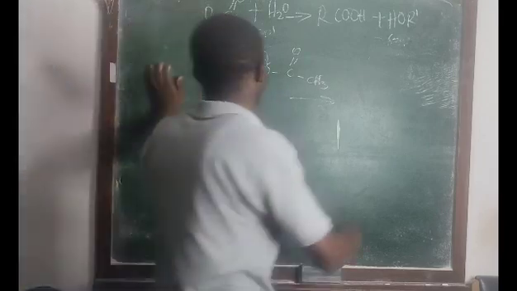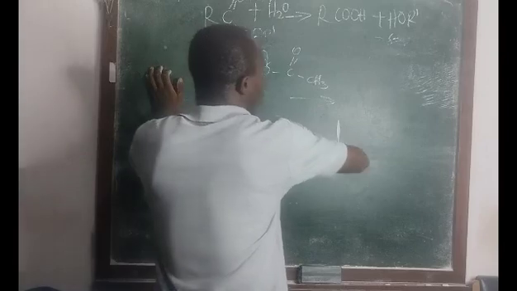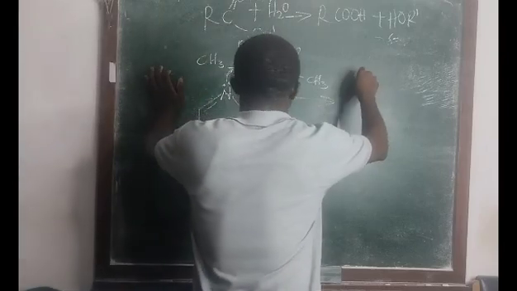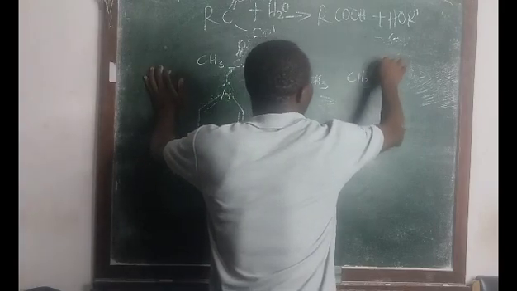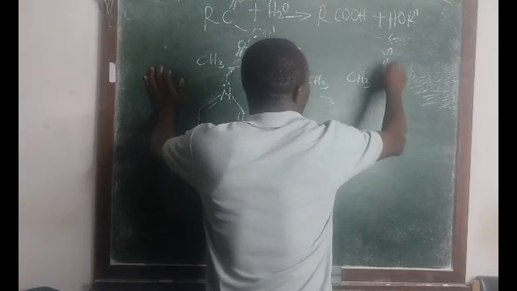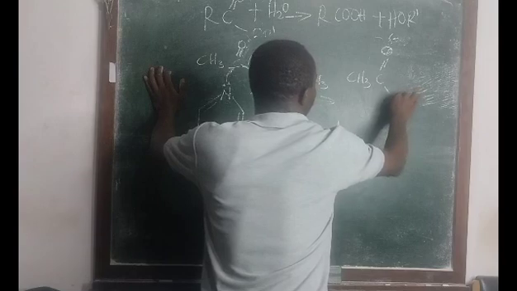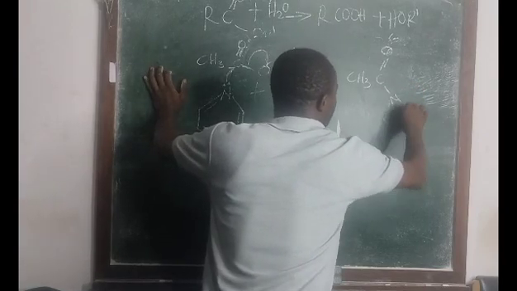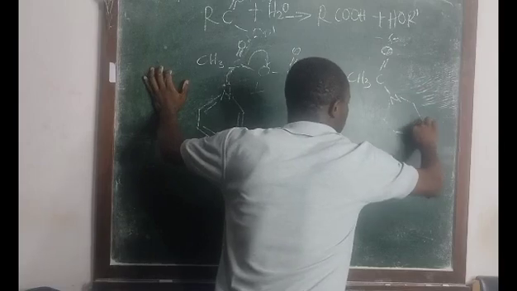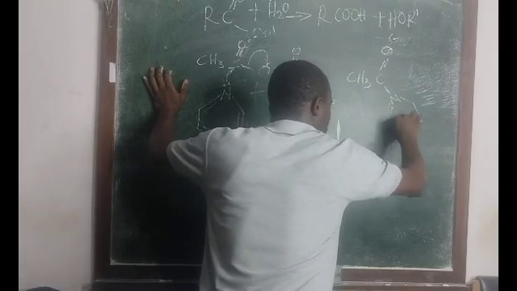Do you see what I just did? So the product will be CH3, C double bond O, and then we have N, and then this.